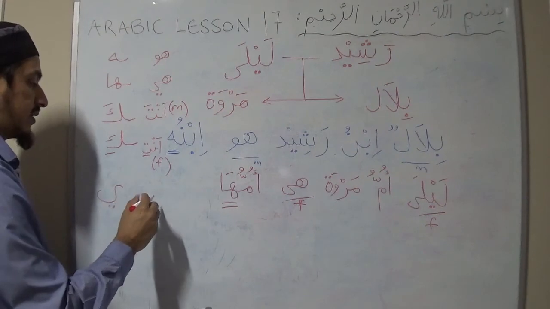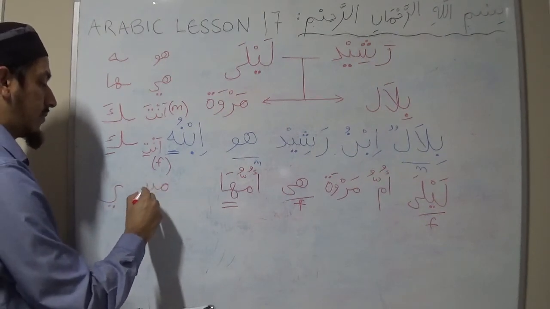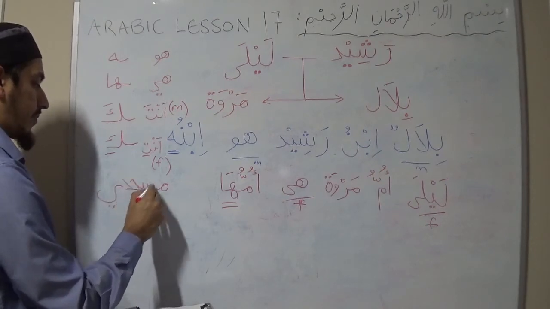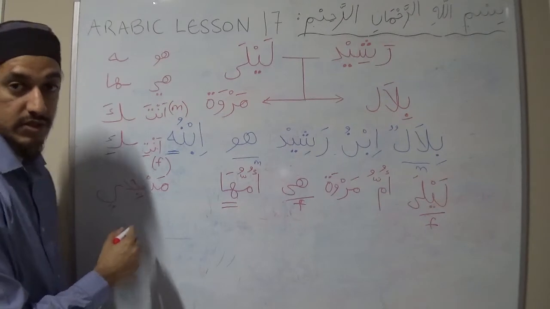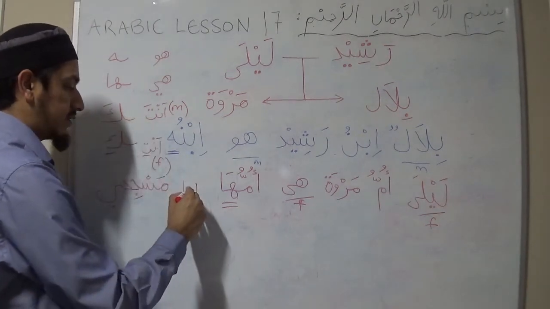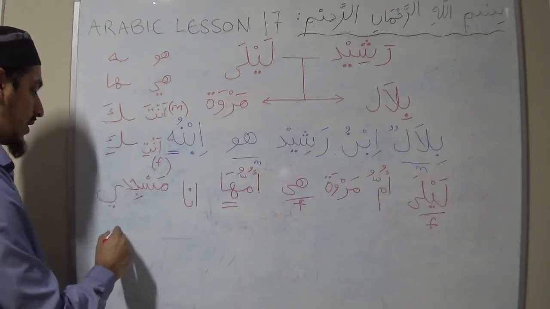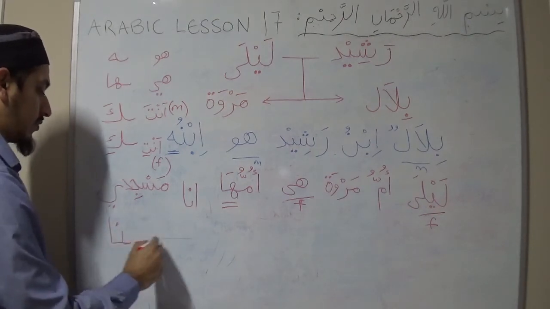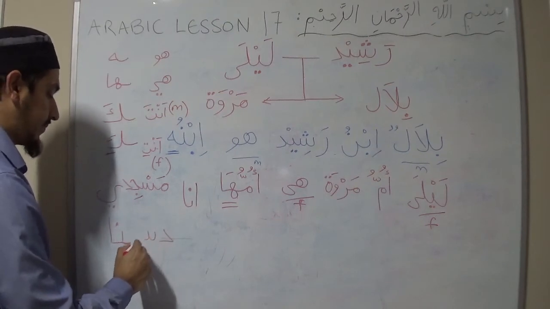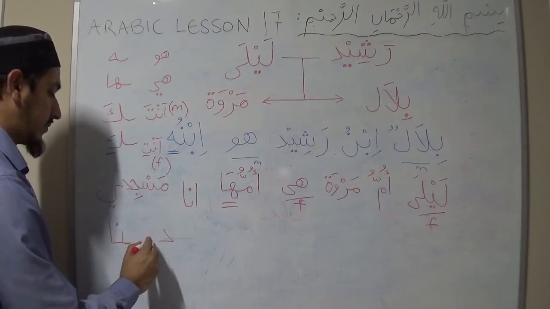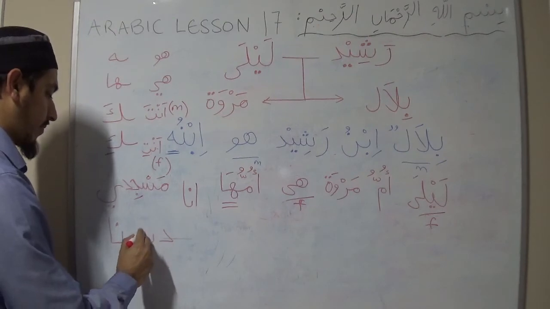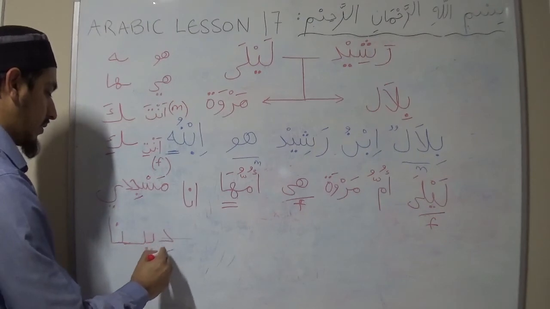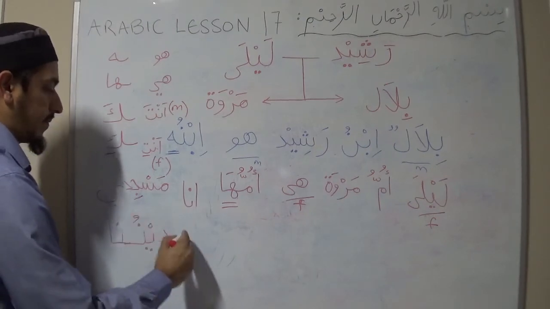So if we said masjidi, my masjid, so that's for ana. Just to recap, and finally the last one we had na. So if I say deenuna, our deen. That's for nahnu.